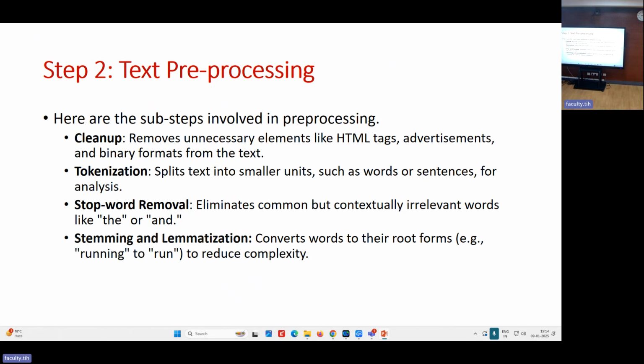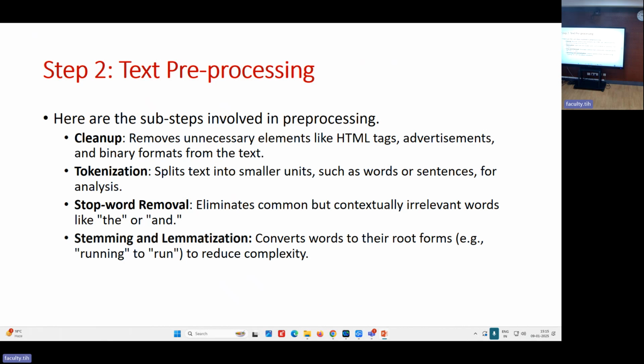So what is this stop word? Stop words are those which occur very commonly in your text data, but they do not have any essential meaning, right? Like prepositions, in, from, these are stop words.